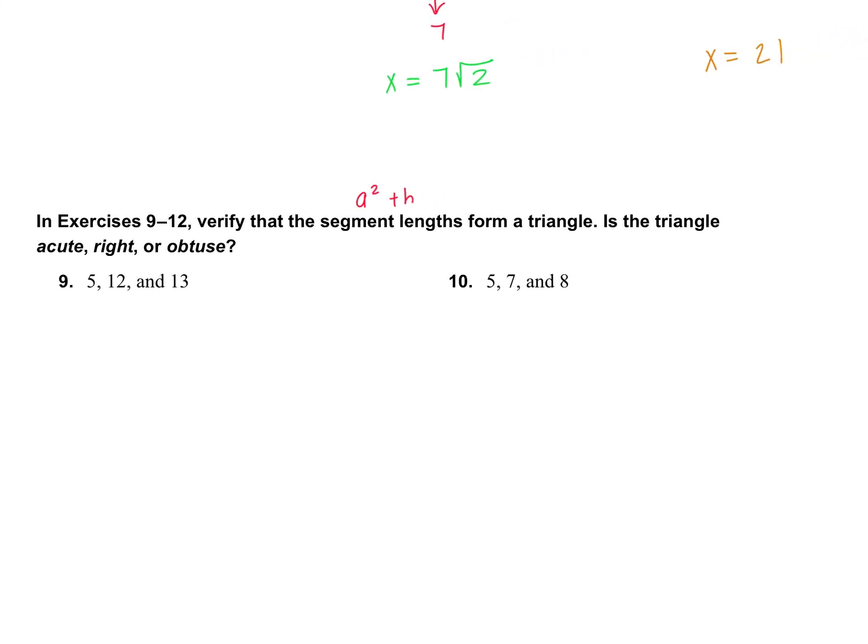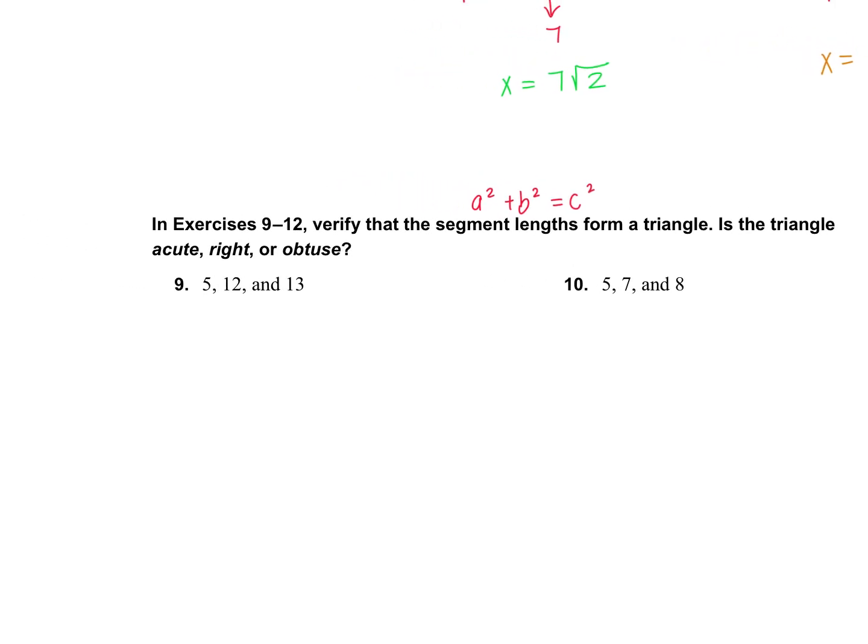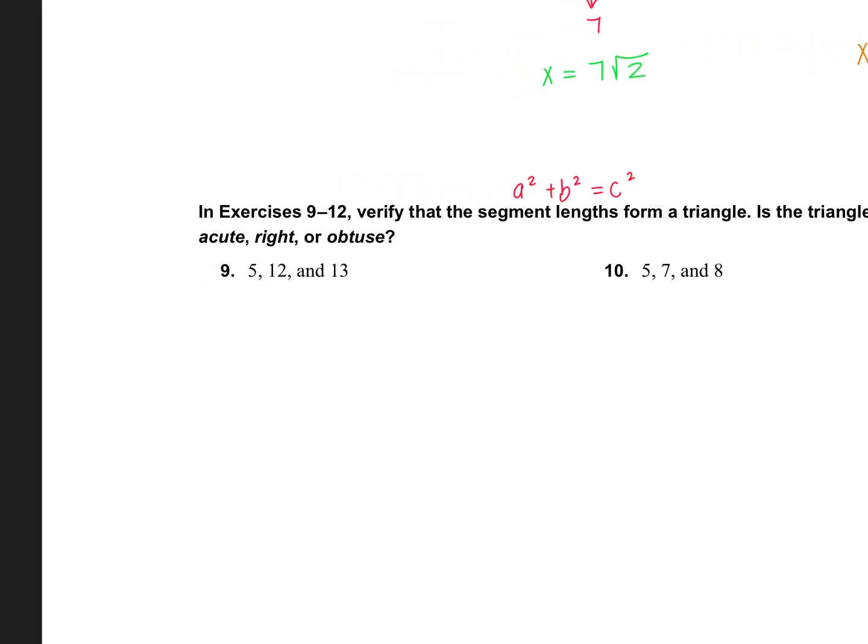A squared plus b squared equals c squared, and c being my hypotenuse, which is my longest side. So solving for this one, I'm going to have 5 squared plus 12 squared. I don't know if it's greater than or less than. And then I have my c squared, which is 13 squared.